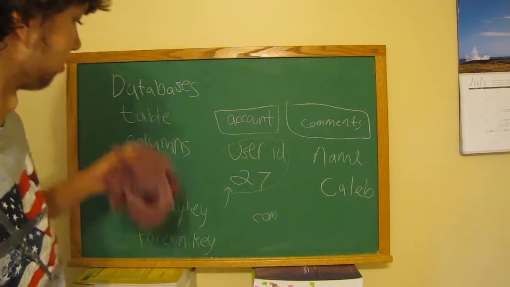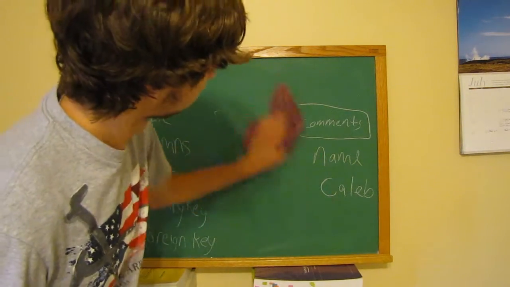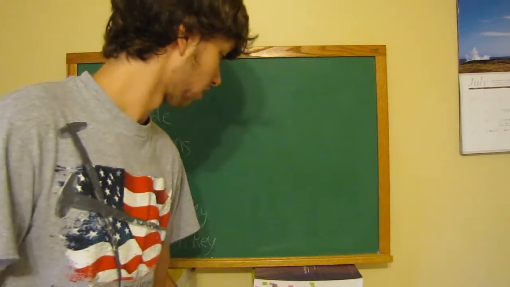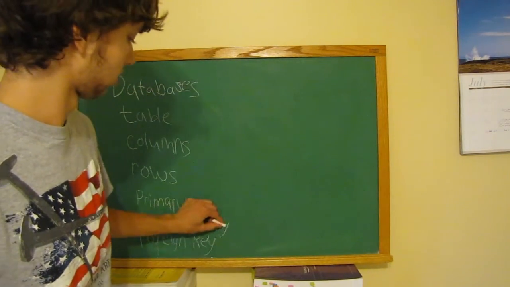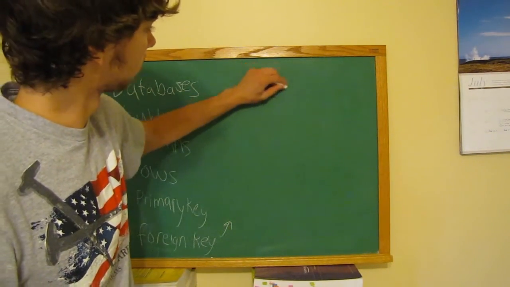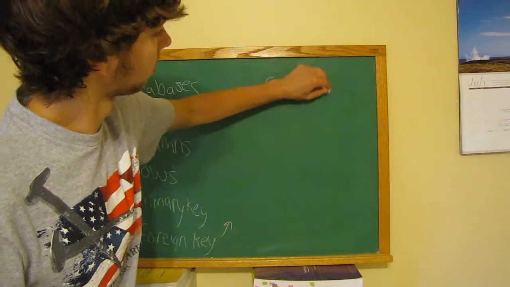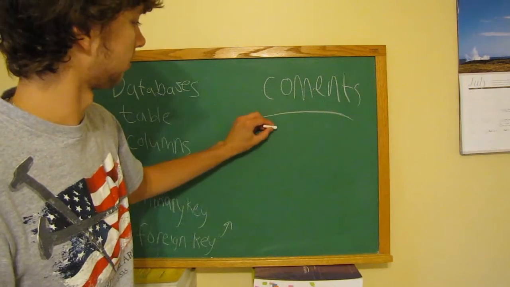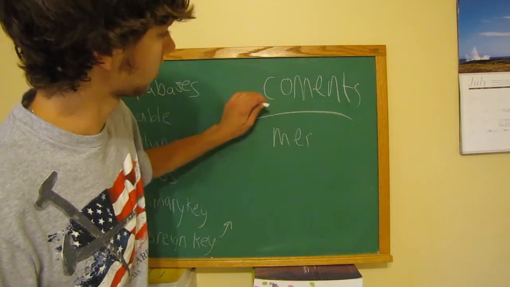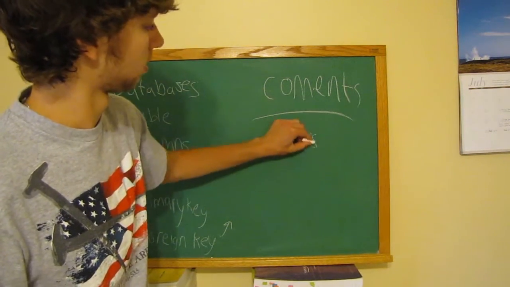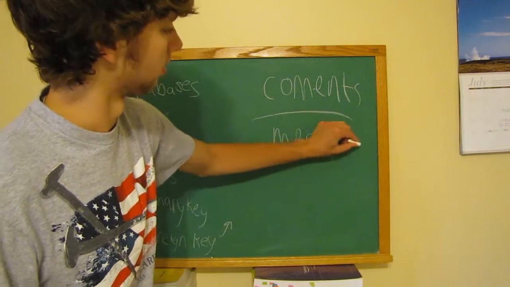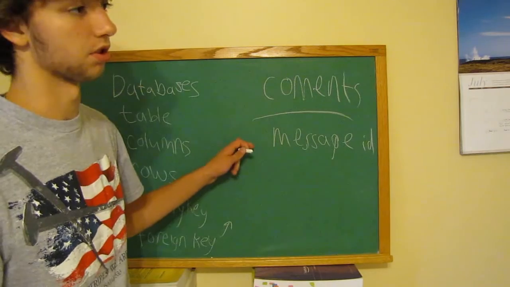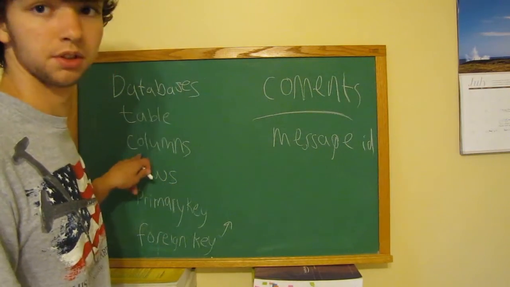Actually, let me give some room to teach this. You have comments, and under the comments you have the message. So this is the table. That is the primary key, which is also a column.